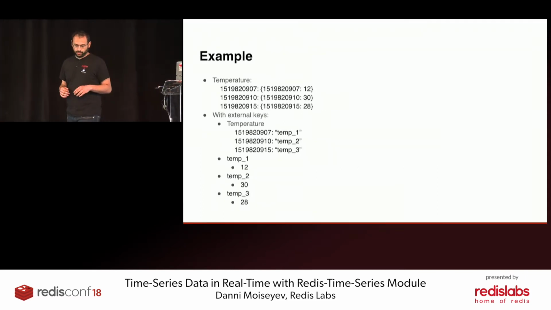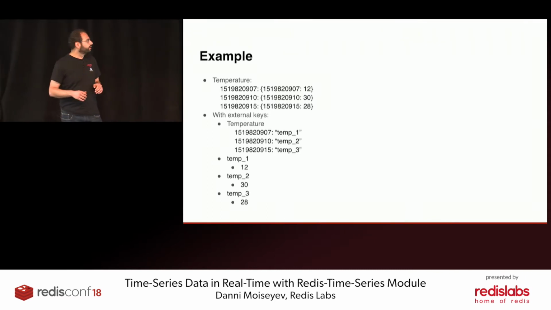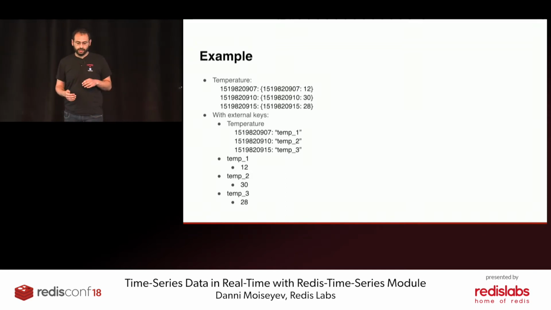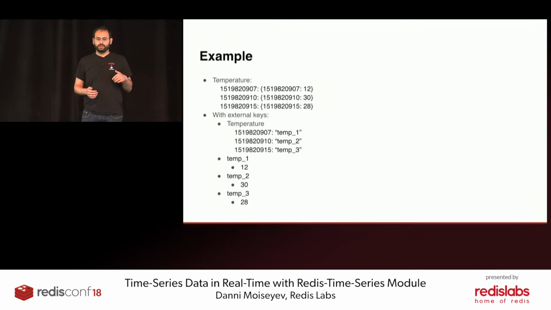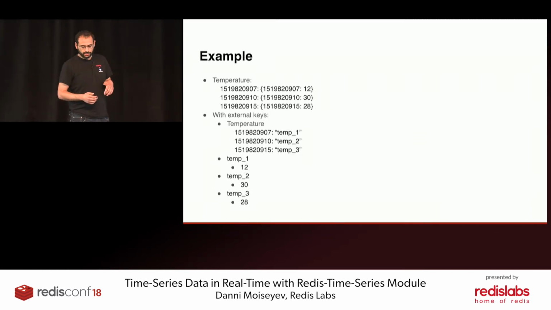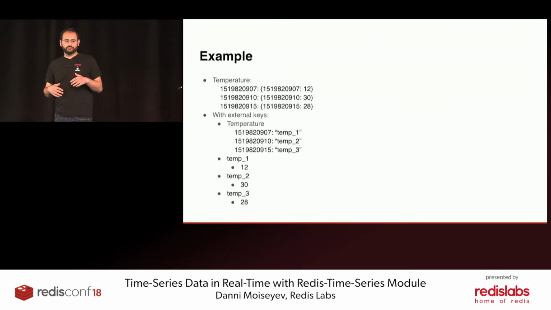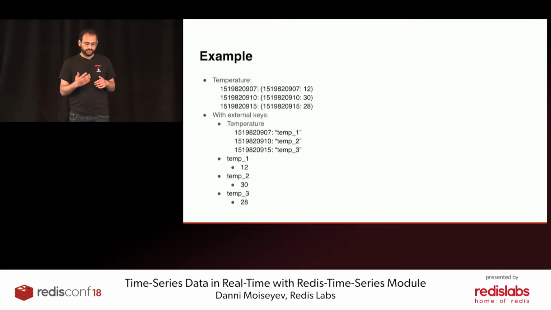In the first example, we have a temperature, then the timestamps, and a JSON that is the timestamp plus the value. At the bottom, we have an example with external keys. Using the bottom one, you can use multiple values and still have uniqueness.